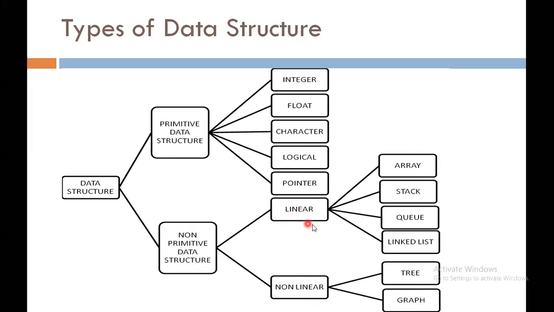Linear means all the data items are stored sequentially. Non-linear data structure means data items are not stored sequentially. Linear data structure is again divided into 4 categories: array, stack, queue, and linked list. Non-linear data structure is divided into 2 main categories: tree and graph.